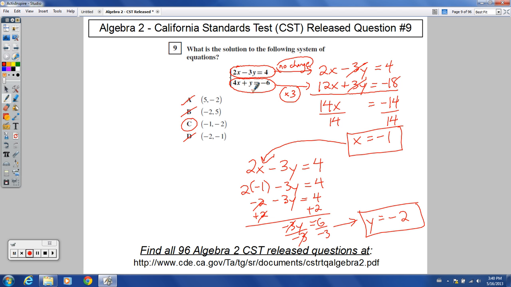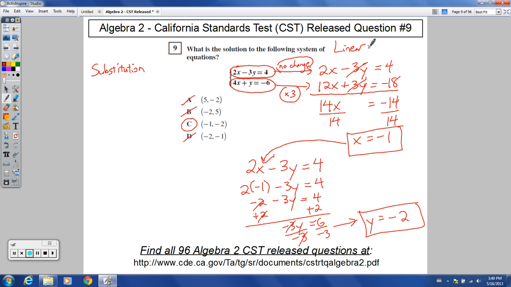If they work in both equations, then you got the right answer. The only one that would work in both equations would be choice C. If you plug in negative 1 and negative 2 for x and y into both of these, you'd get the right answer. As promised, though, I want to show you a substitution method, just so you know how to do something like that.